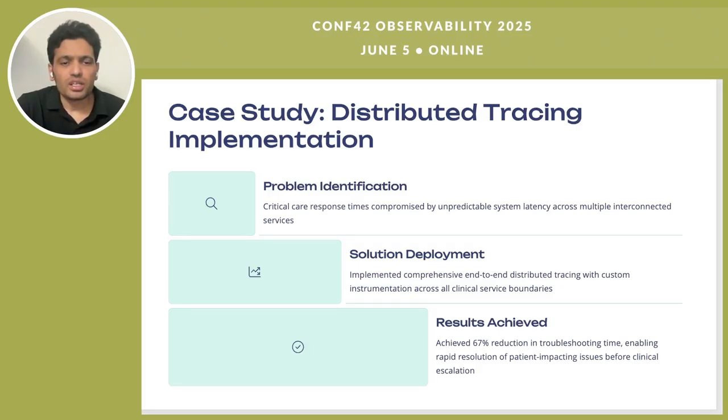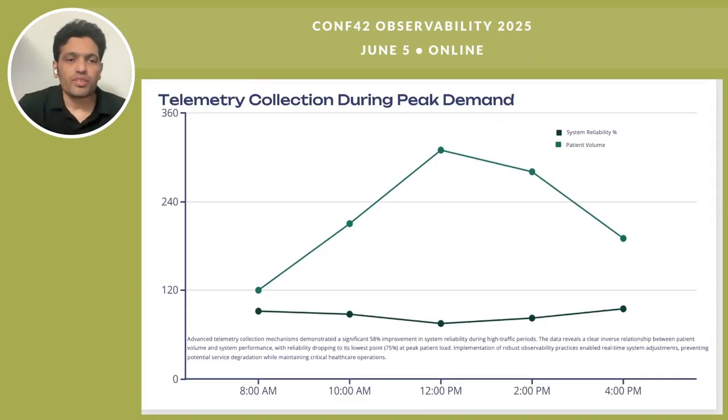Next, let's see how observability performs under pressure, like during peak load. During high traffic periods, peak time volumes, systems are under immense strain. Our data shows system reliability dropping by 75% at peak load without proper observability. This chart shows the reliability dipping as patient volume spikes.